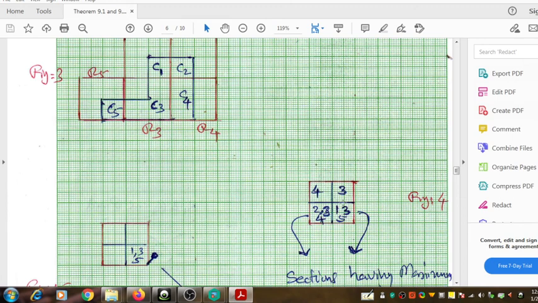The second small rectangle has intersection with C3. Here this portion has intersection with the subsets C2, C3 and C4, and this portion has intersection with C1, C3 and C5.